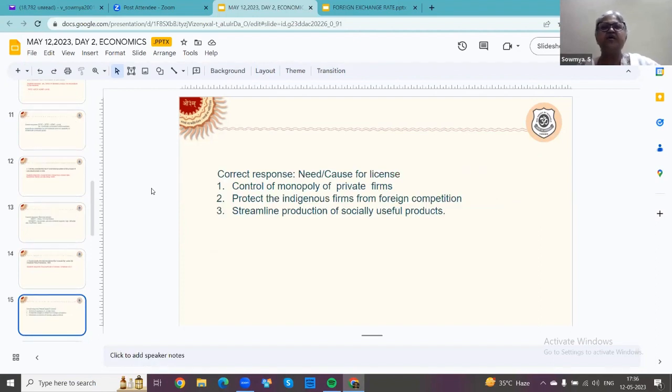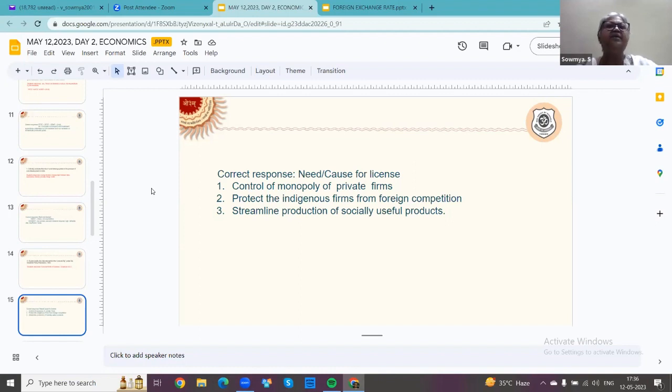So the correct response is the need or the cause for the license, not about the various kinds of licenses, right? So they'll have to write about the monopoly of private firms, how the indigenous firms are to be protected, and also the country needed socially useful products, not all the FMCG, which would bring more and more profit to the private. If more and more private units are going to come in, they will be in it for profit, right?